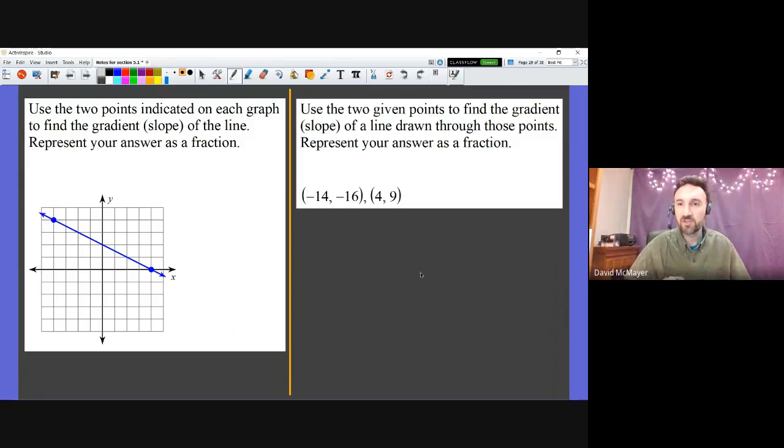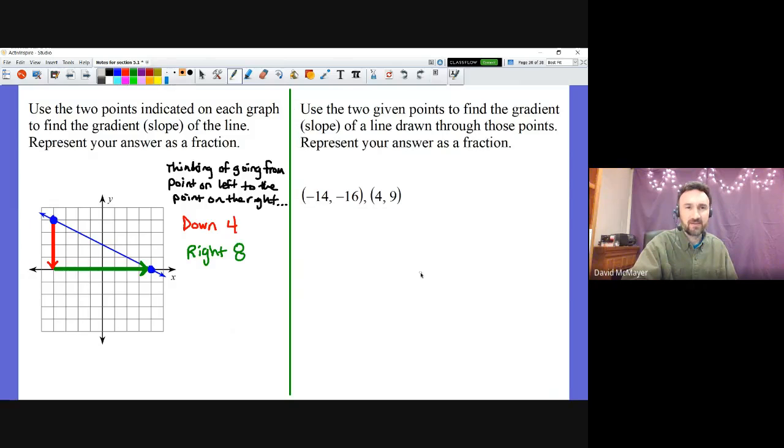I want you to pick one of these 2 examples and give it a try. I'm assuming you're back from pausing the video. Let's take a look at those solutions. For the example with the graph, I didn't even name the coordinate points. I counted boxes.